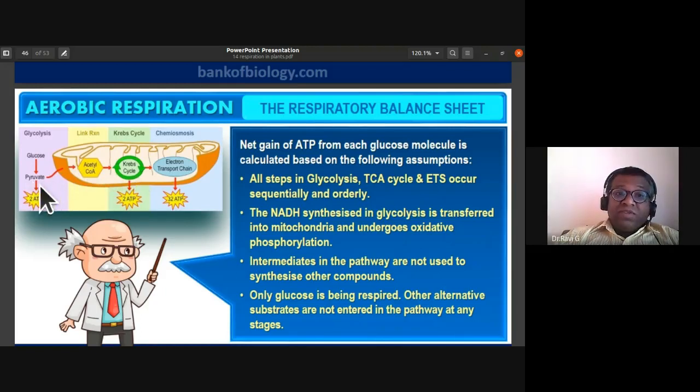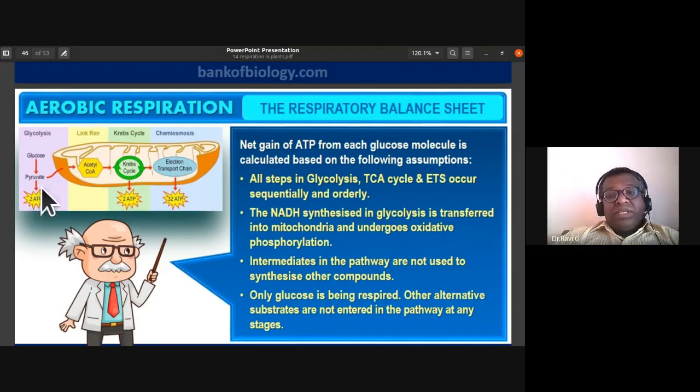So the NADH2 synthesized here is transferred into mitochondria and undergoes oxidation, so that will be taken into the electron transport chain. That is another 2 NADH2, so that will be 4. So 28 plus 4 is 32 ATP. So 2 NADH2 from glycolysis should also be calculated.